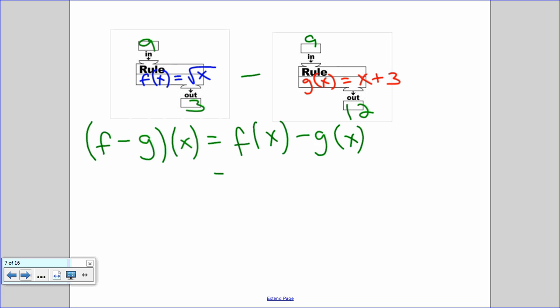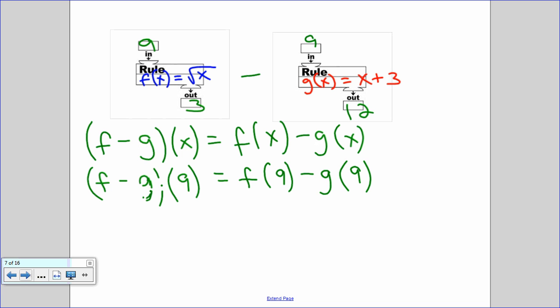If I want to find a specific point, if I want f minus g of 9, that would be f of 9 minus g of 9. Well, we can see from the machines that f of 9 is 3, and g of 9 is 12. So my single output is negative 9. So once again, I see 9 coming into the function, and then negative 9 coming out.